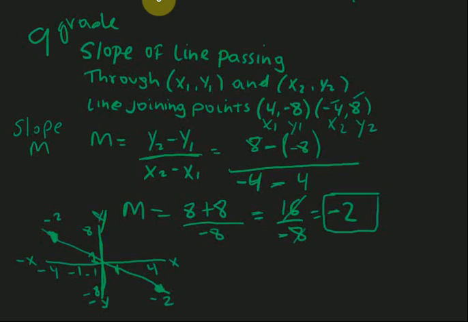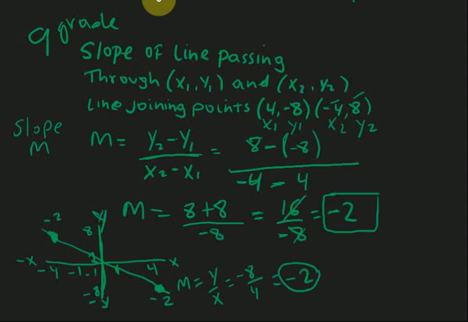If you are trying to find the slope for this point alone, the slope is equal to y over x. We have negative 8 over 4, which is negative 2.